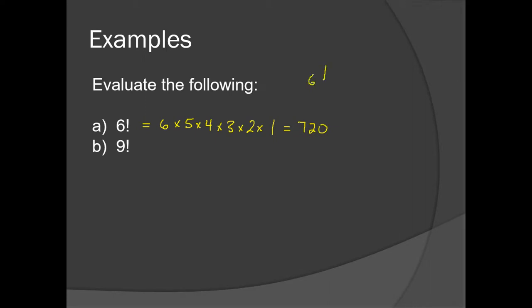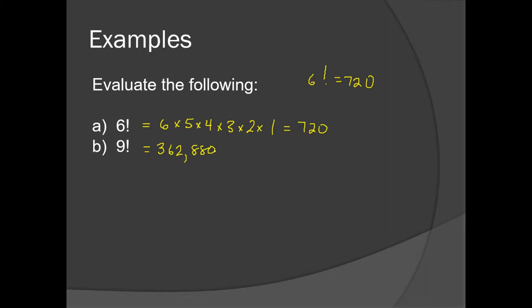Type in 6 factorial, make sure you get 720, and then try 9 factorial. You're going to see that they start to get pretty big pretty quickly. 9 factorial is equal to 362,880.